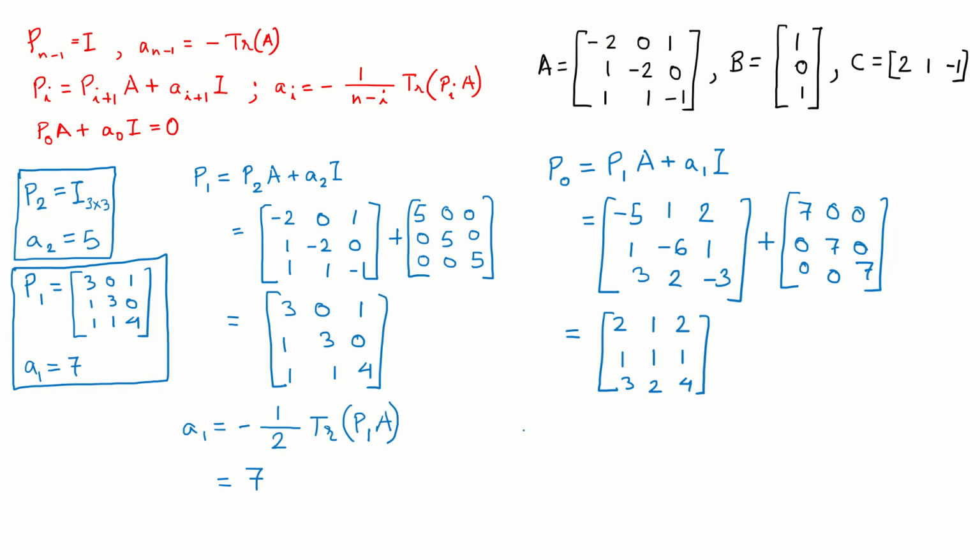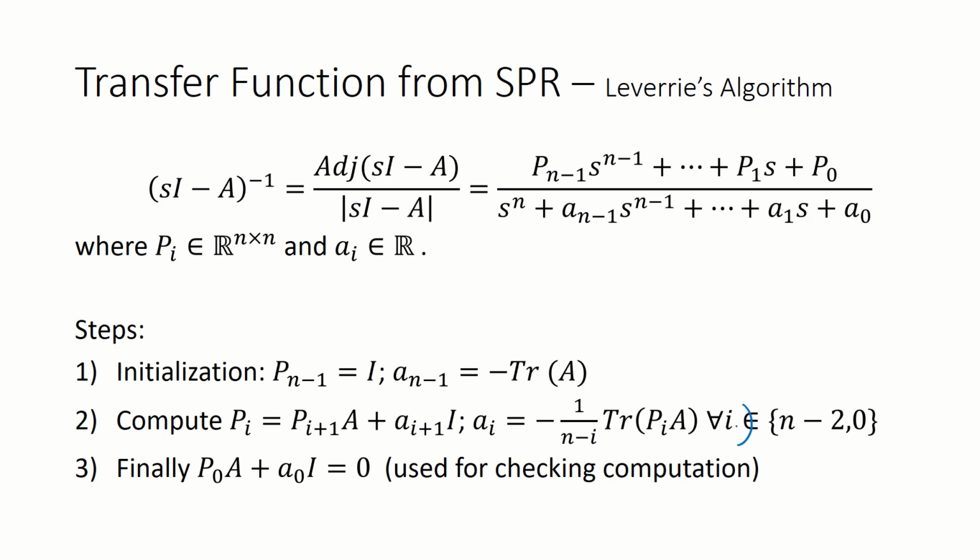And then we have to calculate A0. A0 is minus 1 by 3, N is 3, I is 0 in this particular iteration. Minus 1 by 3 trace of P0A. So P0A we have to calculate again. This one we don't have with us.